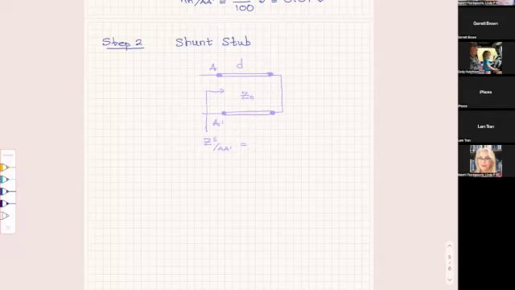Using the same formula as before, it becomes Z naught. The load here is 0 because it's short.